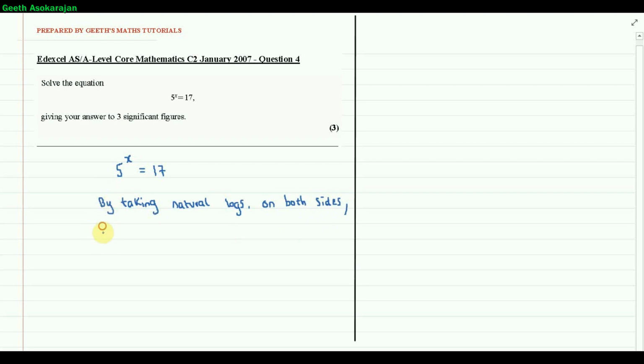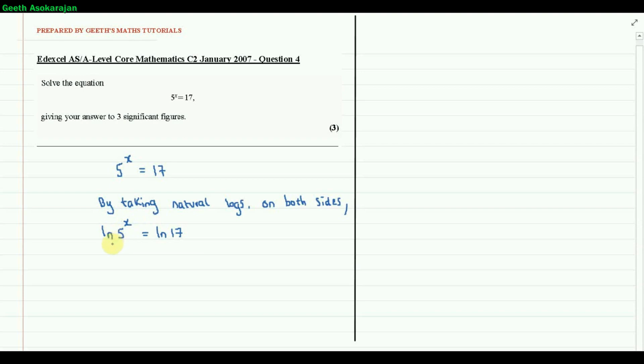That simply means I write an ln, so ln is the natural log function, in front of 5 to the power x, and I write an ln in front of 17. So you can even take log to the base of 10 on both sides. Both methods work, and you should get the same answer.